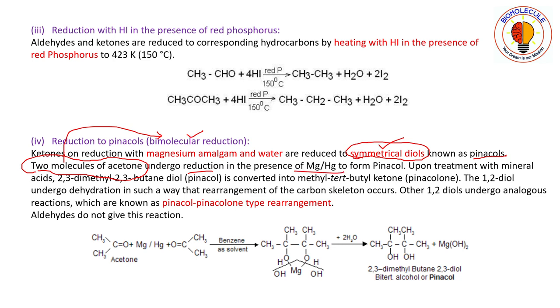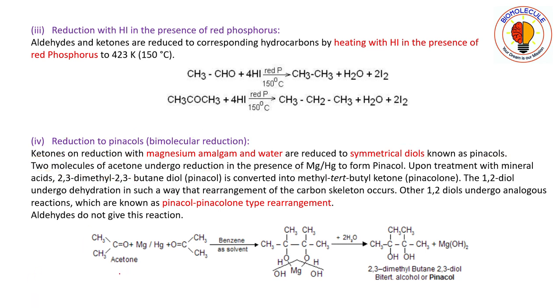So two same molecules, that is why you are getting symmetrical diols. If different molecules were there, you would end up with unsymmetrical diols, but here there are two acetone molecules only, that is why you are getting symmetrical diols.